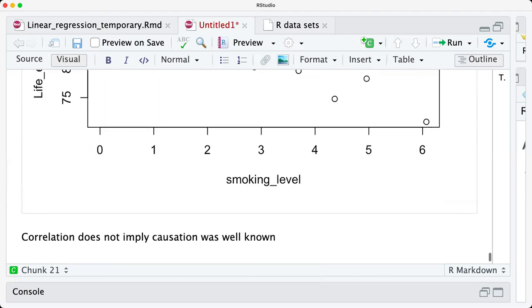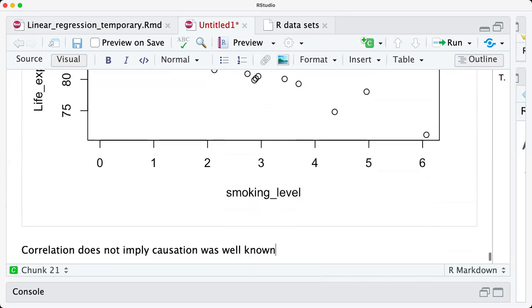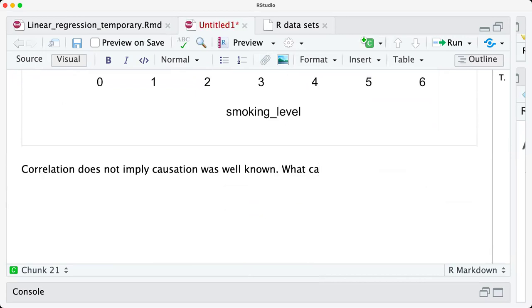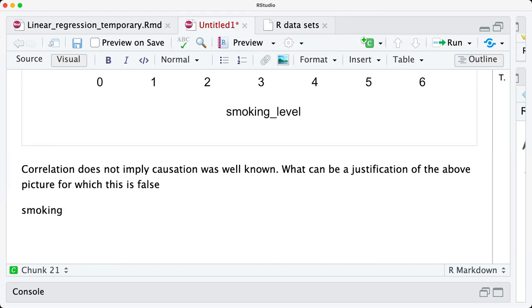So what can be an alternative justification of the above picture, for which this is false, that smoking is causally connected to life expectancy?